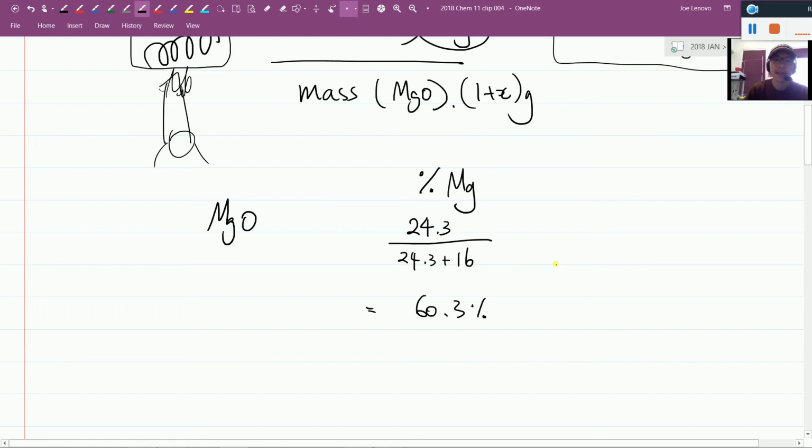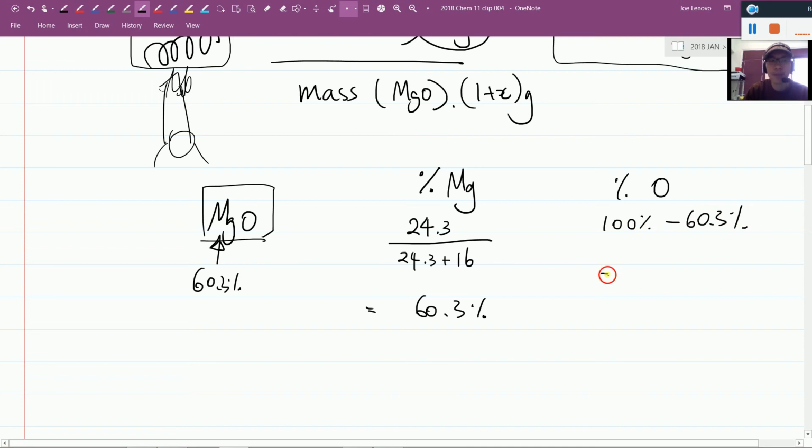Then, since we only have magnesium and oxygen in the compound, if 60.3% is magnesium, the percentage of oxygen would be the rest, which is 100% take away 60.3%, so we end up with 39.7%. Okay?